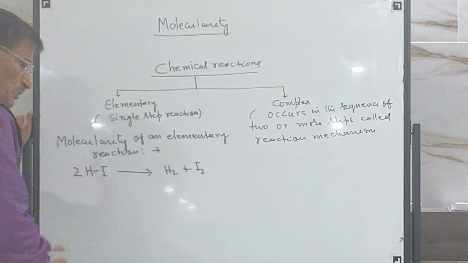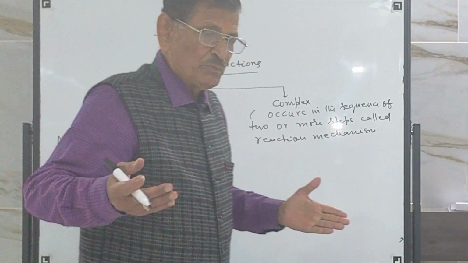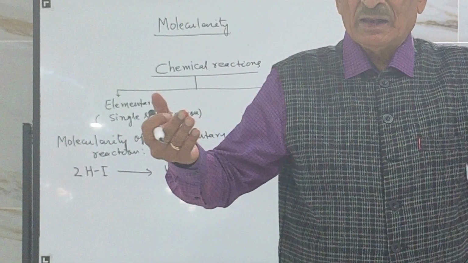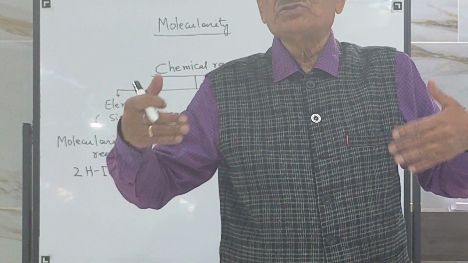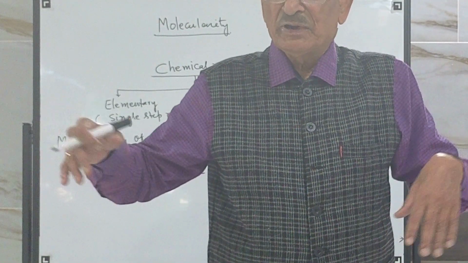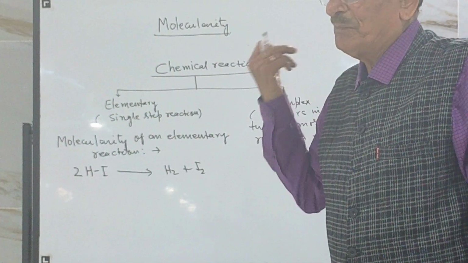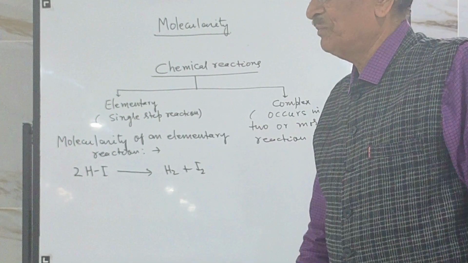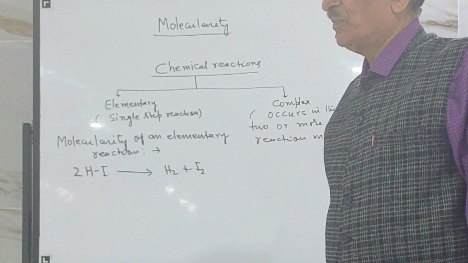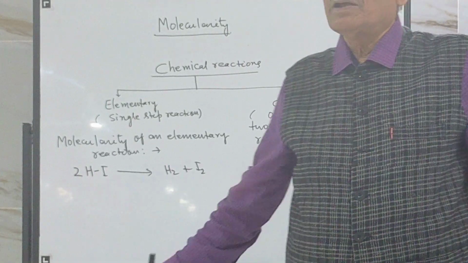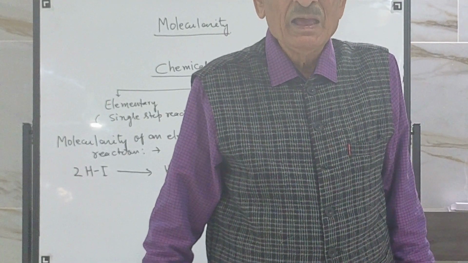Now, when two HI molecules collide, there will be redistribution of energy. One molecule will transfer energy to the other molecule. The energy of one of them will increase, and that molecule will become an energy-rich molecule and will have sufficient energy to break its bond.